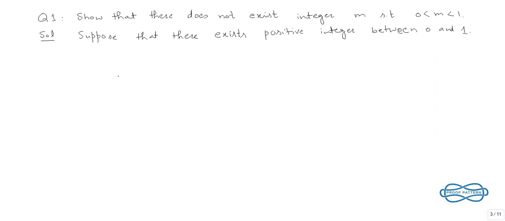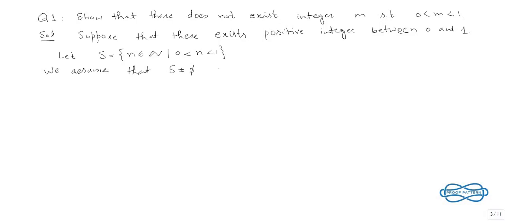So we consider this on the contrary. Let S be equal to the set of n belonging to the natural numbers such that n is between 0 and 1. Means we collect all these kinds of positive integers and we make a set S. We assume that S is not empty.